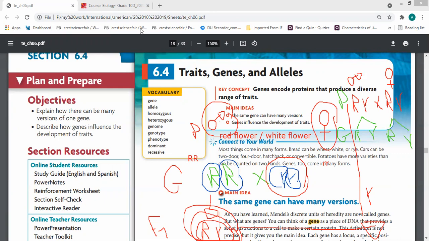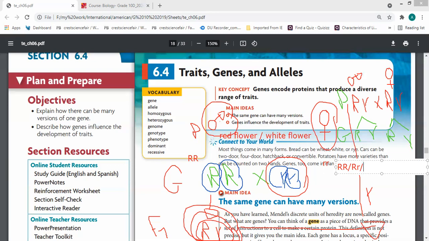So what are the probabilities? Maybe the first one R capital in the female, and in the male R capital, the first factor in male meeting the first factor in female, so it will be R capital R capital. Or the first factor of male R capital meets the second factor of female, so it will be R capital R small.